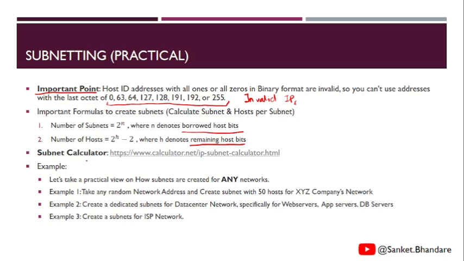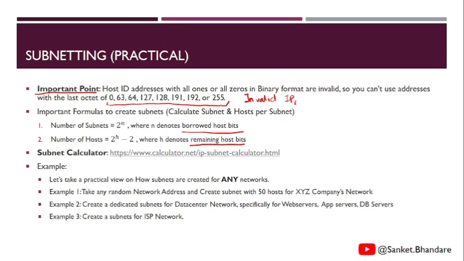There is a website that you can use to calculate subnets, but understanding the underlying concept is important, and that is the reason we are here learning these concepts. Once you learn these concepts, calculating a subnet is a piece of cake, and you can calculate any subnet using a subnet calculator. But for your own understanding, you should know the underlying methodology to create these subnets.